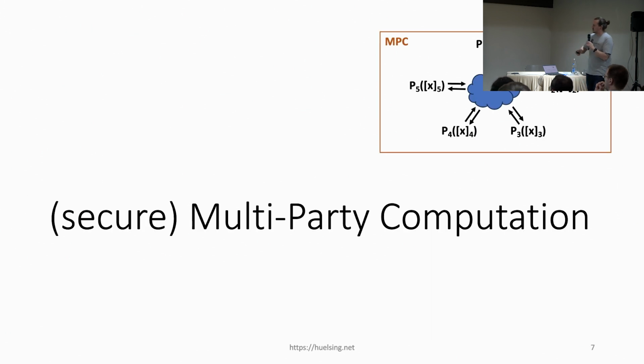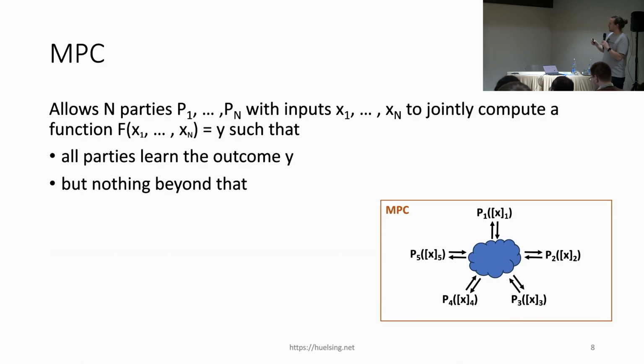Okay, and then we start from this one-way function and we somehow turn this into a multi-party computation, which means we build an MPC protocol which allows n different parties, which I will call P1 to Pn, with inputs x1 to xn, to jointly evaluate some function such that all the parties in the end learn the outcome, but they don't learn anything beyond that.